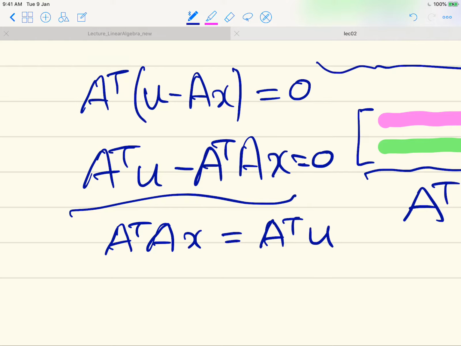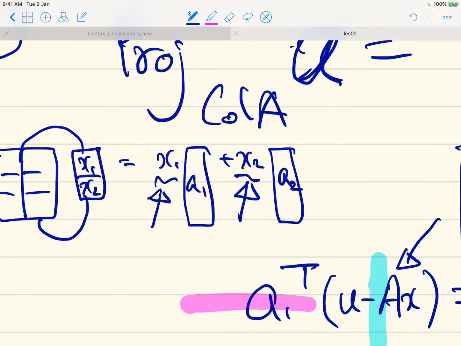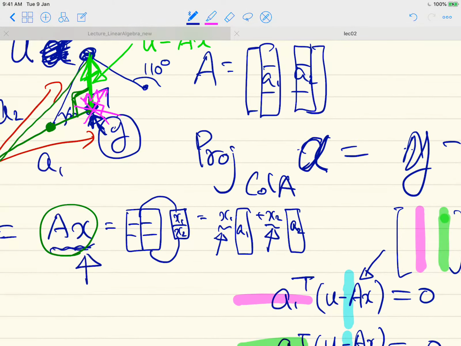Okay. So here, let's just remind ourselves what our variable is and what the given vector is. x is a variable that we have to solve for, and what's the meaning of that? That is the linear combination coefficient for our projected point y, right?